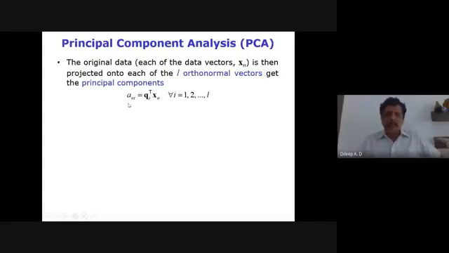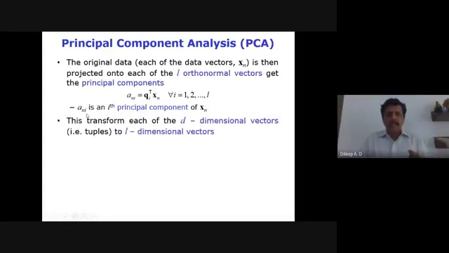What is the meaning of this inner product operation? Basically it is the projection of my data vector x onto the projection vector Qi, and it is basically the length of that projection. Like that, when I project this data vector onto the L number of projection vectors, I get L principal components, and these L principal components form the L-dimensional vector.